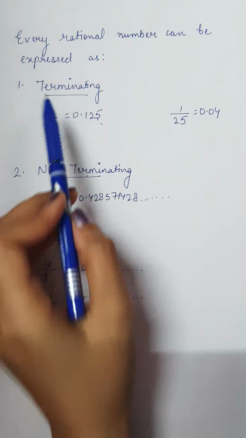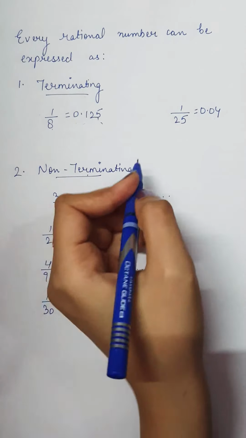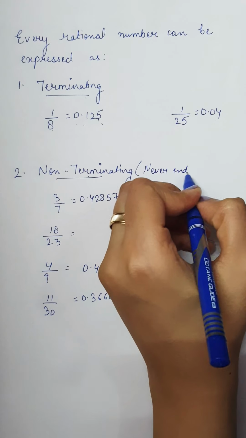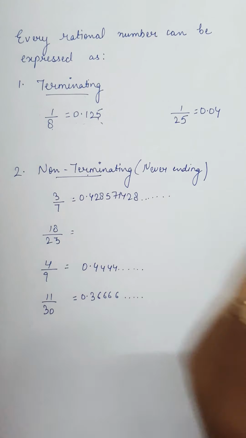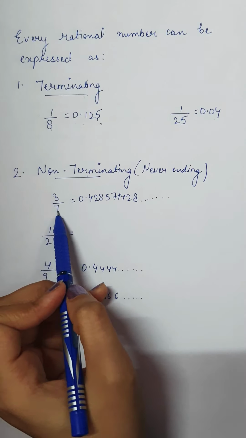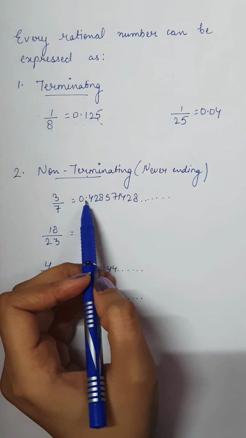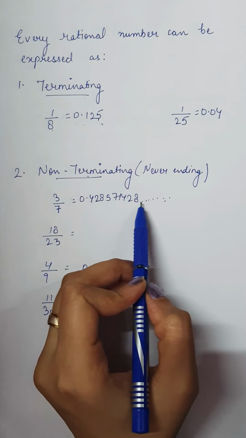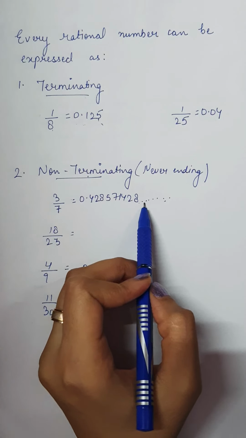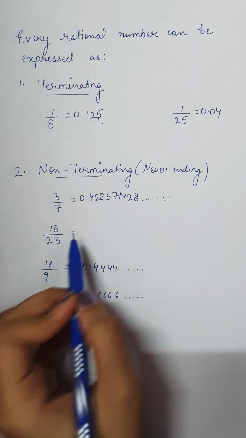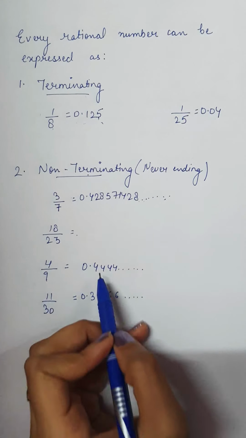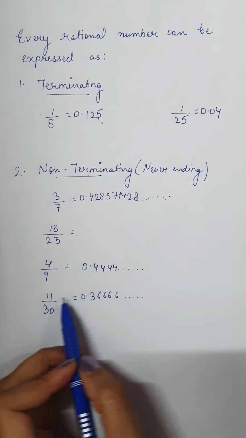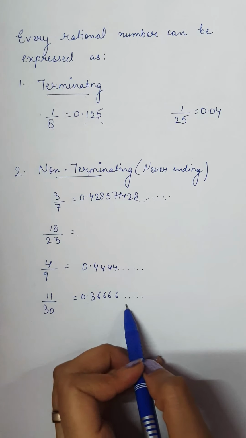That is terminating. Now non-terminating means never ending. It will never give you the remainder 0. 3 by 7. If you divide it properly, it is going to be never ending, non-terminating. The decimal points will never stop. Same for this. Now 4 by 9. It is giving me 0.44444 and so on. 11 by 30 is giving me this.